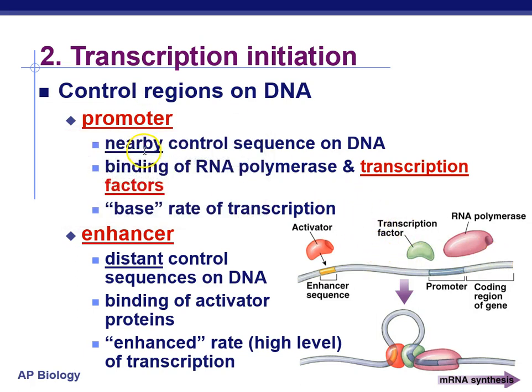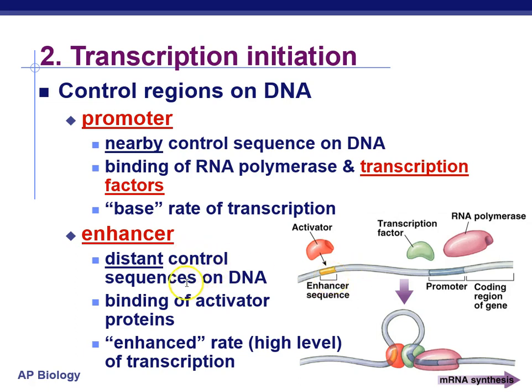So there's the promoter region, and then the enhancer region. This is usually more distant from the actual gene. So the promoter is here where I'm pointing, and the enhancer is quite a ways down the line in front of the promoter.